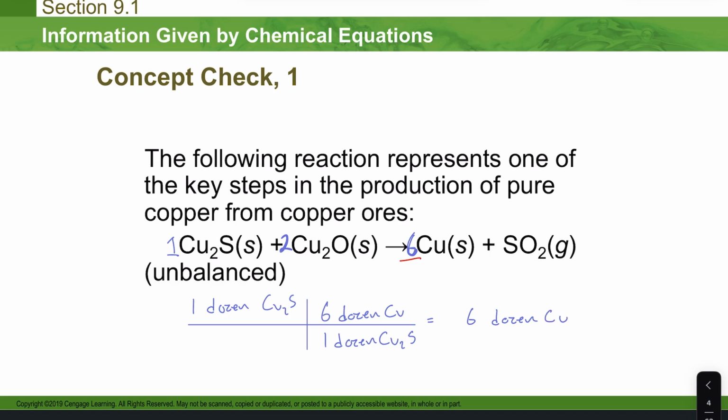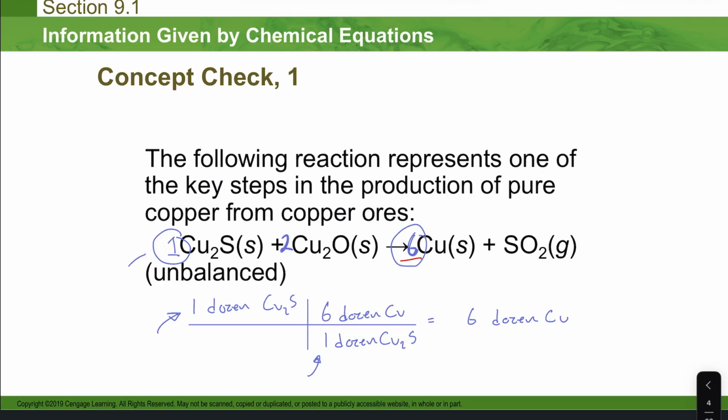So just for clarity, all we did was we took the value that we were given, we used a conversion factor, and that was based on the values in the balanced equation. For every 1 Cu2S, whether that is a mole, a dozen, or whatever, there are 6 Cu that are produced from this.